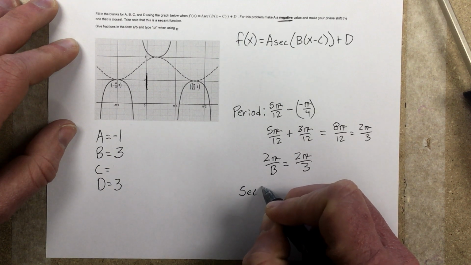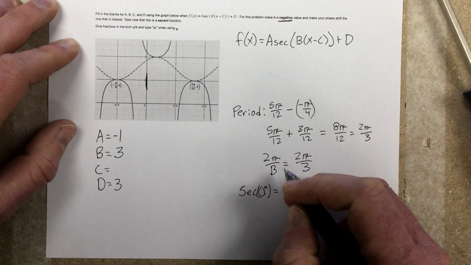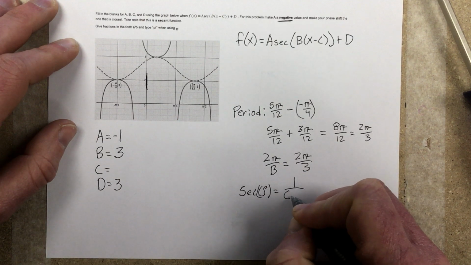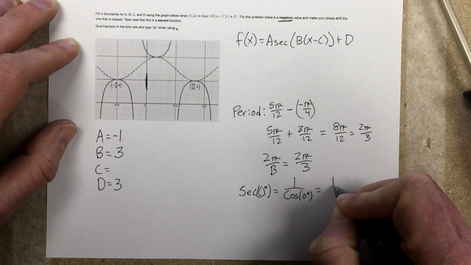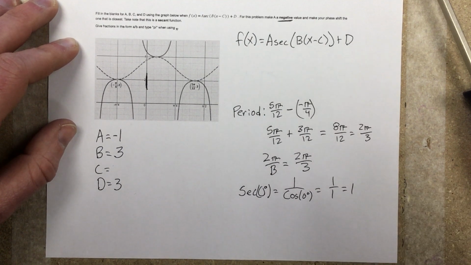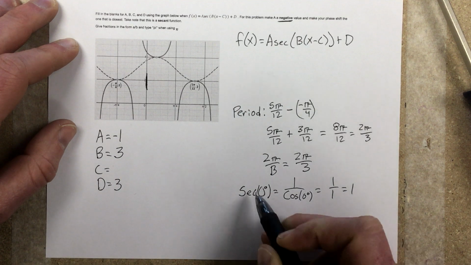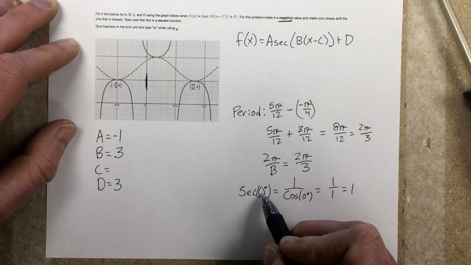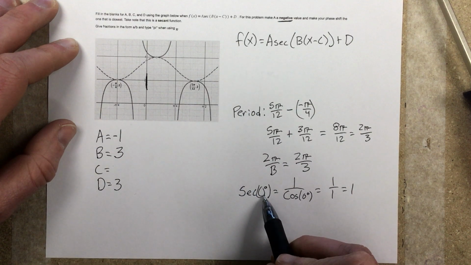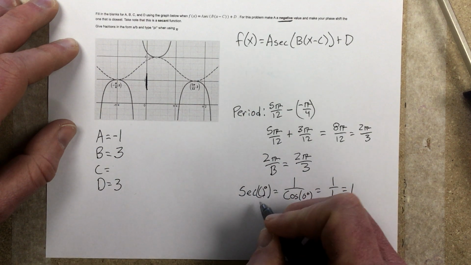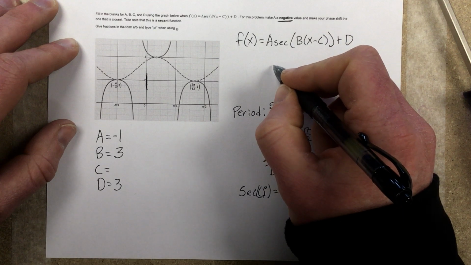Secant of 0 degrees is equal to 1 over cosine of 0 degrees, which is 1 over 1, which is 1. So secant's defined at 0 degrees.